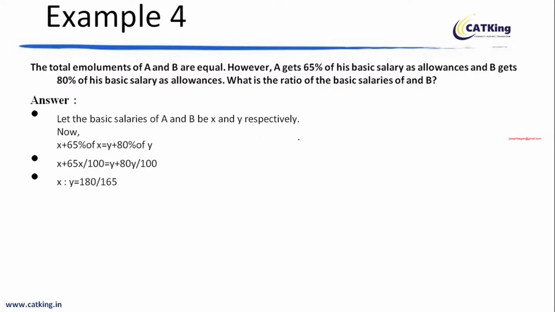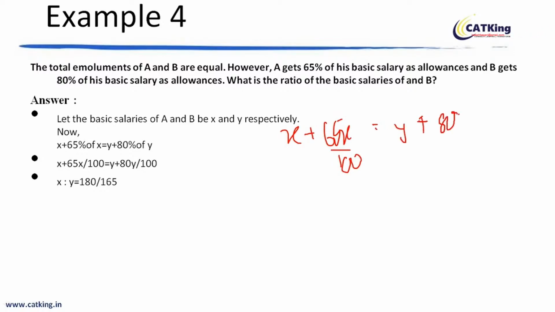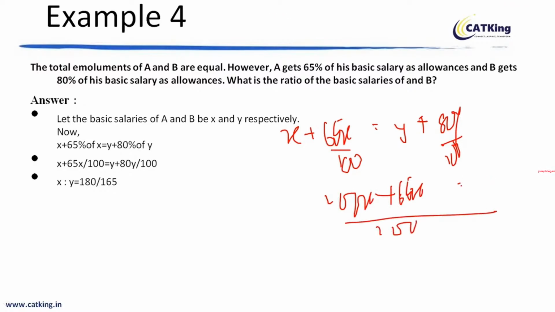Now how did you get this? Okay, so this is basically x plus 65x by 100 is equal to y plus 80y by 100. Now you take the LCM, so this becomes 100x plus 65x upon 100, which is equal to 100y plus 80y upon 100. So this 100 gets cancelled.